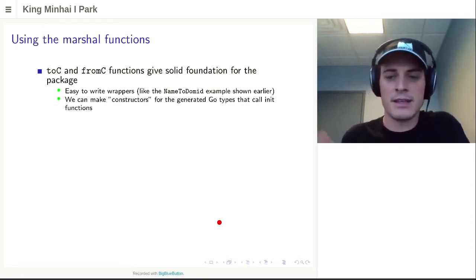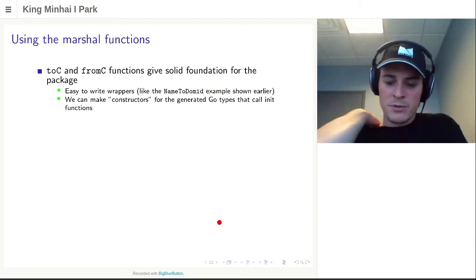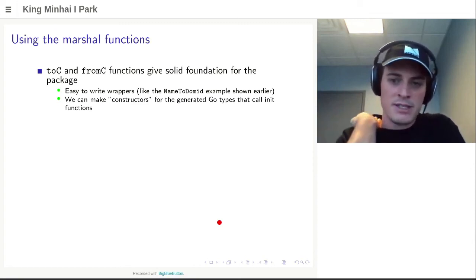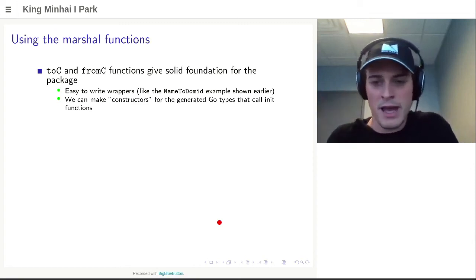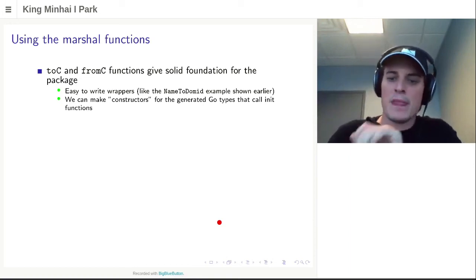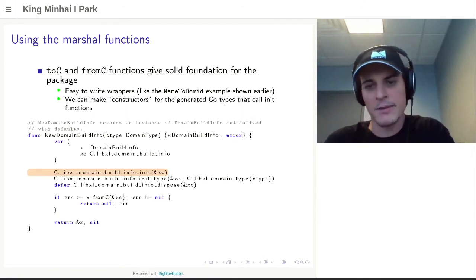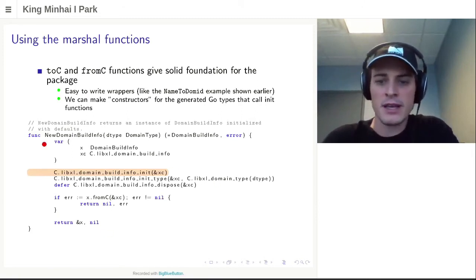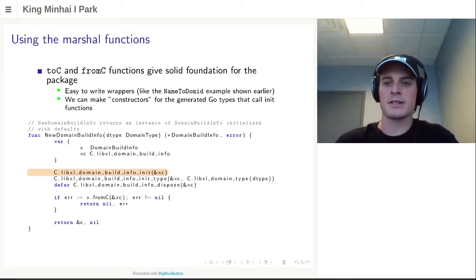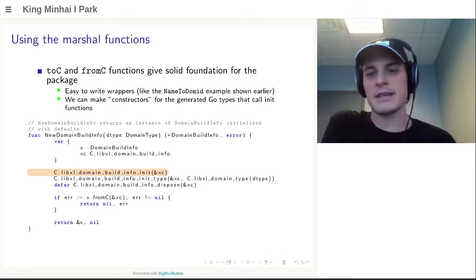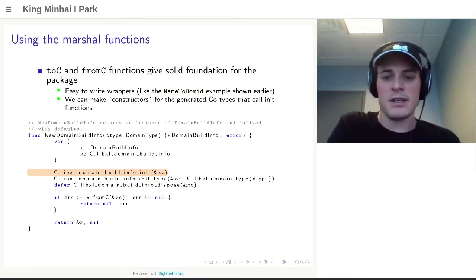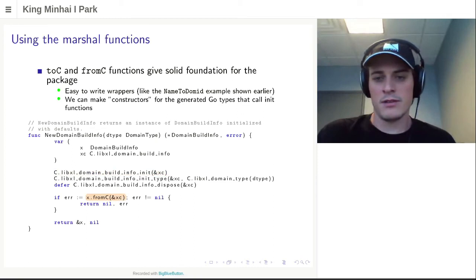We can take the Go type of whatever function we want to call in libxl, convert it to C, and the compiler will be happy. And as I mentioned, we can do constructors like this so that any package users will get a type that the init function has been called on. So we know it's going to be the same way as if you were using libxl to initialize, and the user doesn't have to worry about any of that.